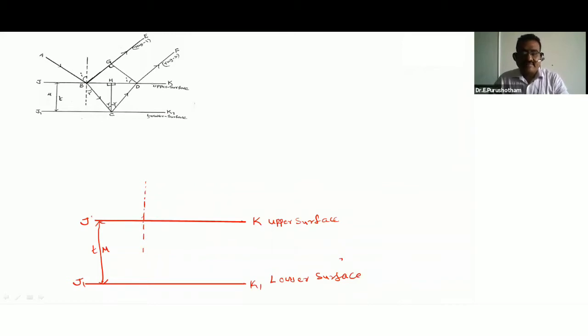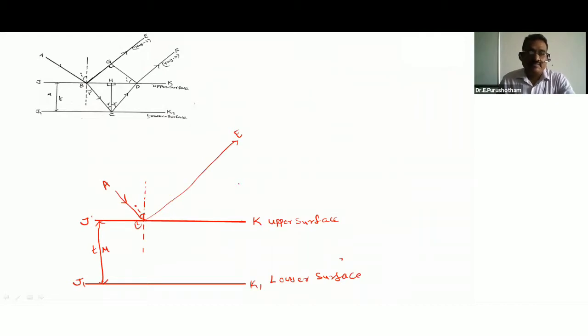So the light AB, monochromatic light, is incident on the upper surface with the incident angle i. Some portion of this light is reflected as BE.